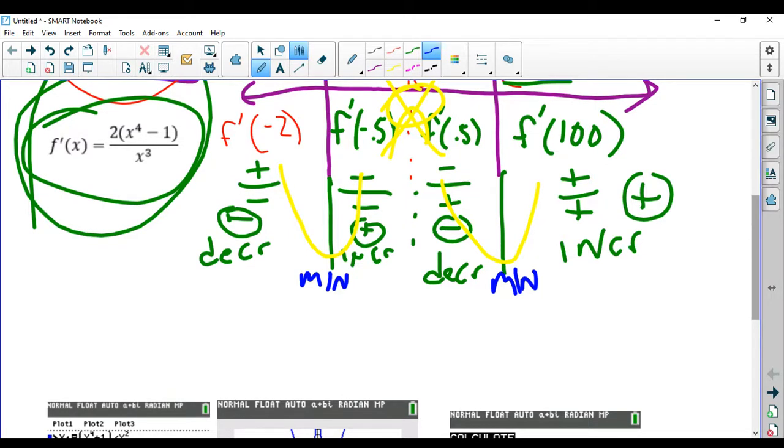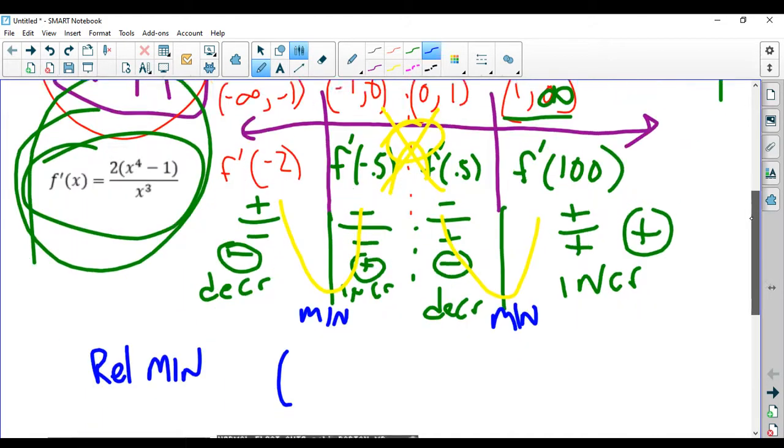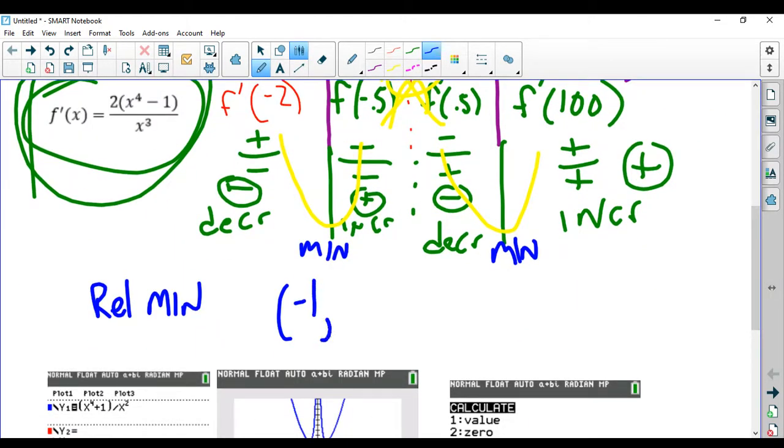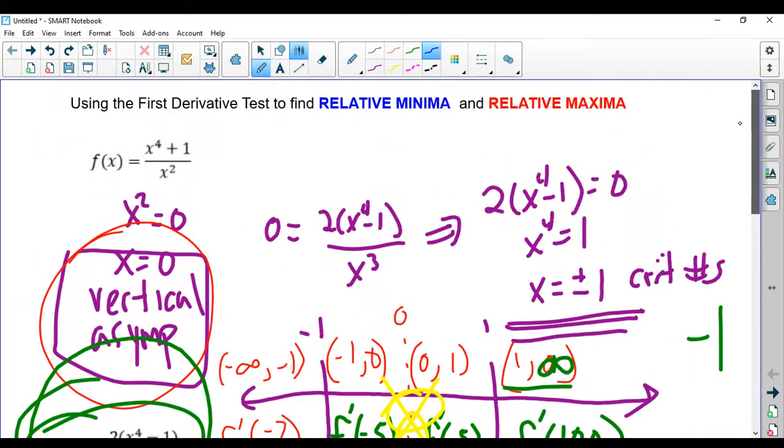So the relative minimums are at, scroll up a little bit to remember, -1, comma, something, and also at 1, comma, something. To find those, you'll just plug in the -1 and the 1 into the original function, which was this.